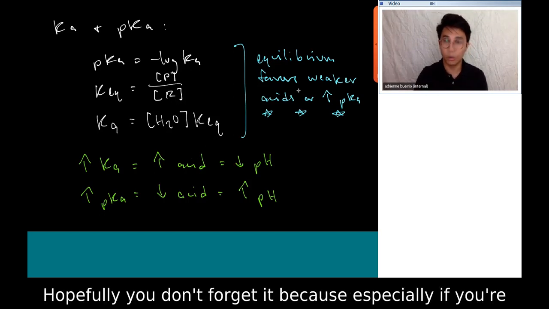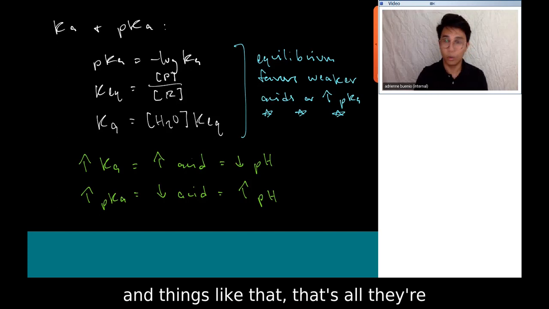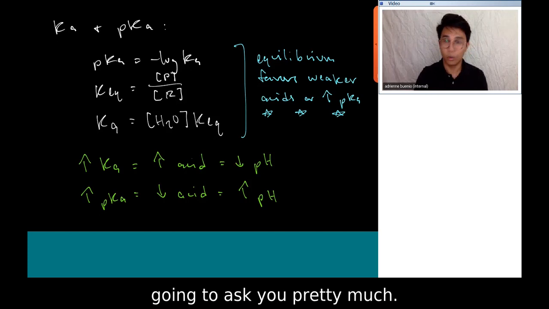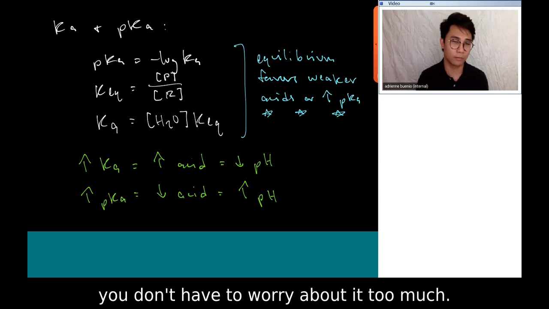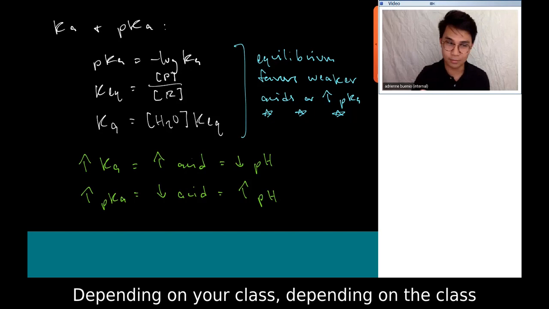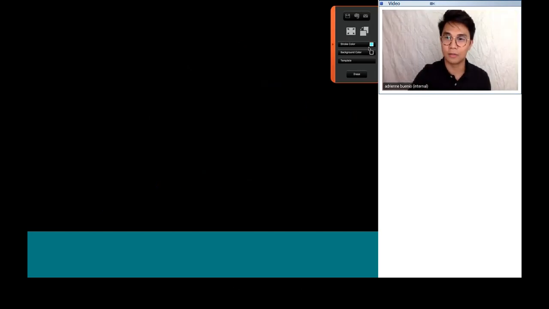Hopefully you don't forget it, especially if you're going to professional schools, taking those admissions tests. That's pretty much all they're going to ask you. But you don't have to worry about it too much for OChem, depending on the class you're taking. Okay, so let's move on.